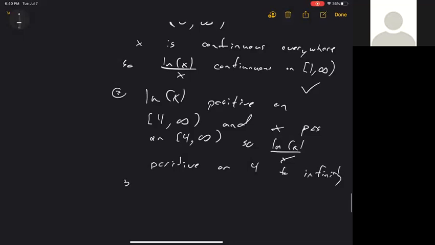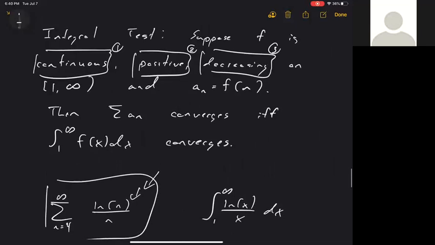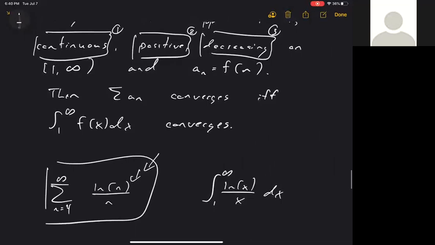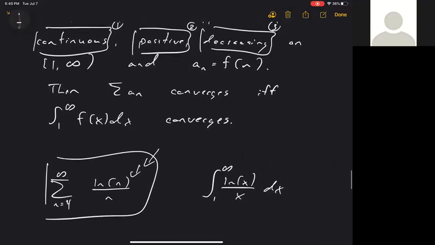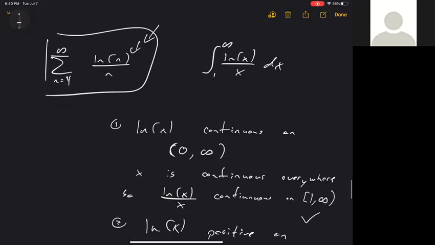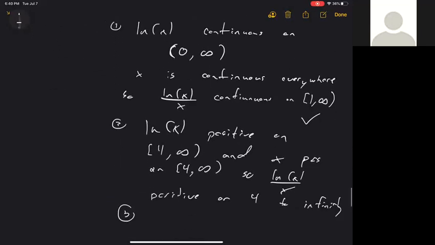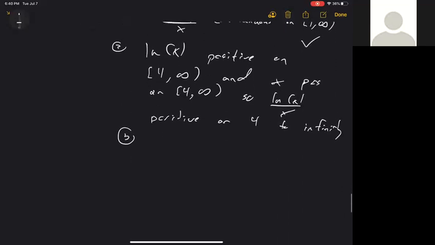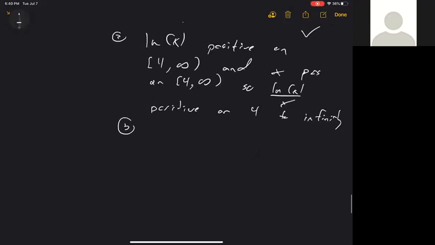Okay. Lastly, we need to verify that this function is decreasing. Isn't ln of 3 1.09? Yeah, that's fine as long as it's positive. It doesn't matter, I didn't say what it equals. We could use 3 to infinity instead. I just didn't want to think about it too hard, but it's definitely positive on 4 to infinity as well.